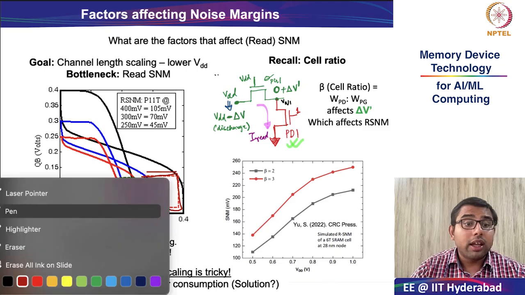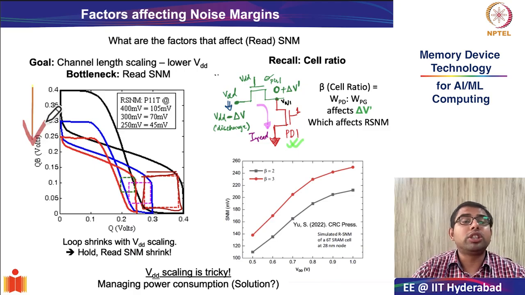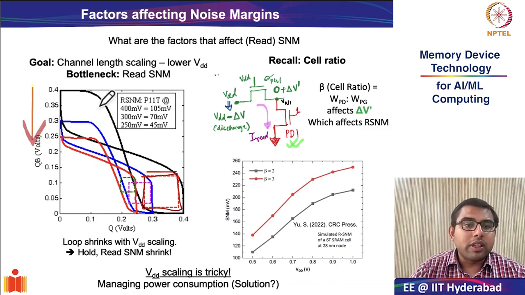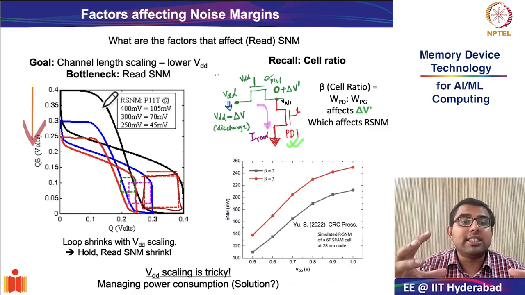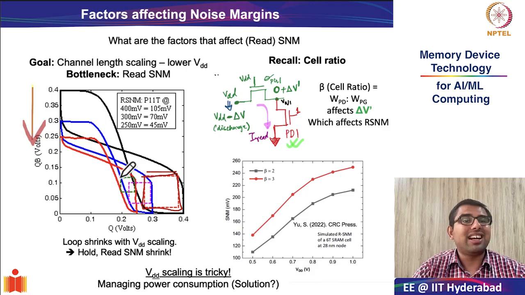The second thing that we primarily looked at was that as we were scaling the supply voltage of the SRAM cell, the size of the hysteretic loops, or the butterfly VTC loops, were shrinking, as you can see from the red to the magenta to the green color, and as a result the noise margins were also coming down.